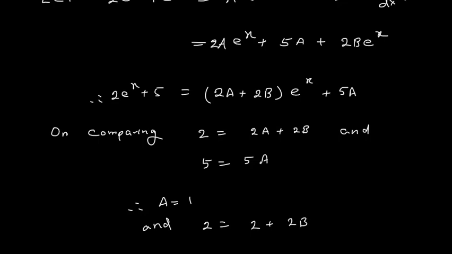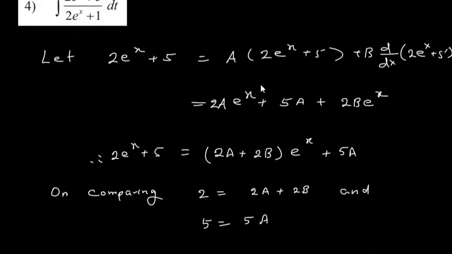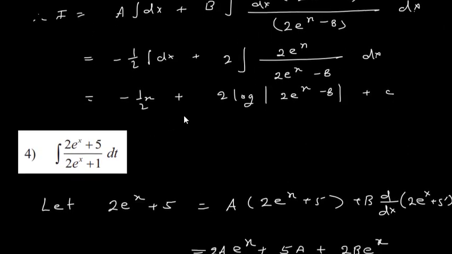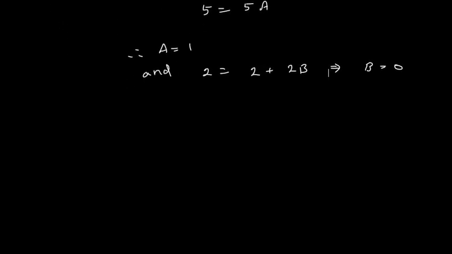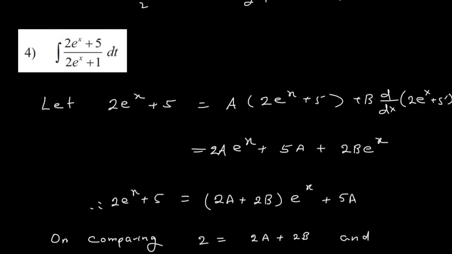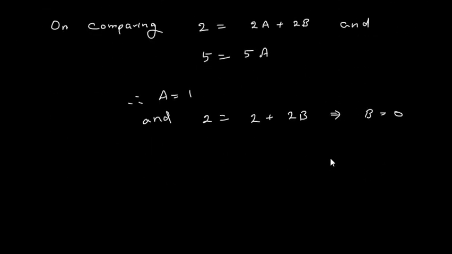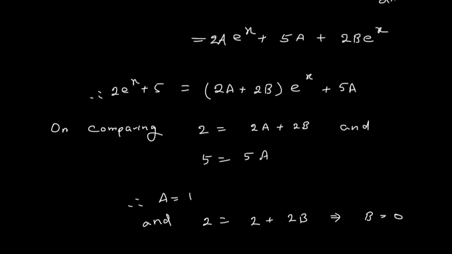So it gives me the value of b as 0. So I get only the value of a and there is no b. So the value of a which we get is 1.